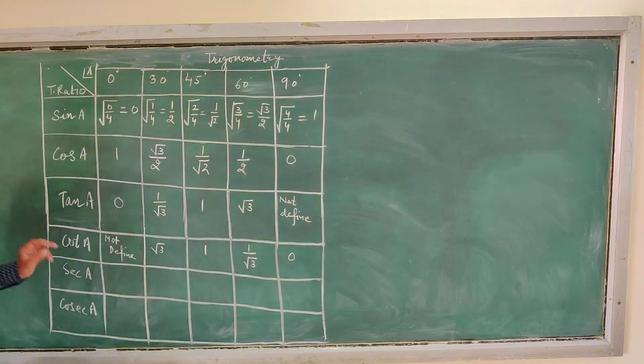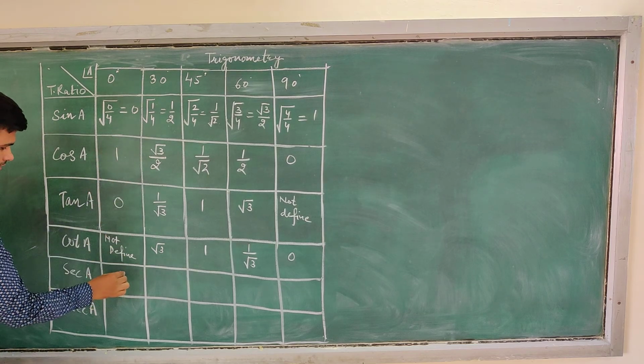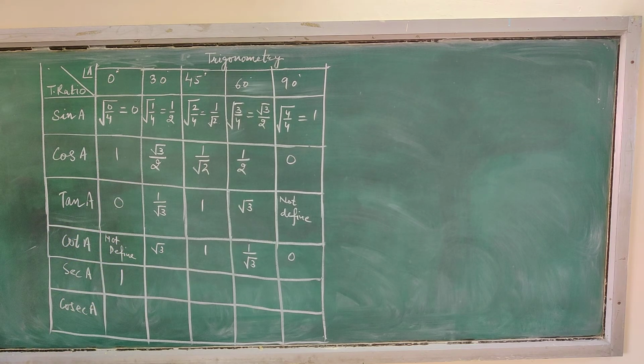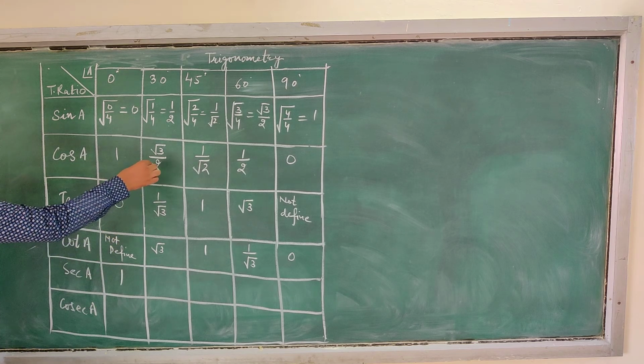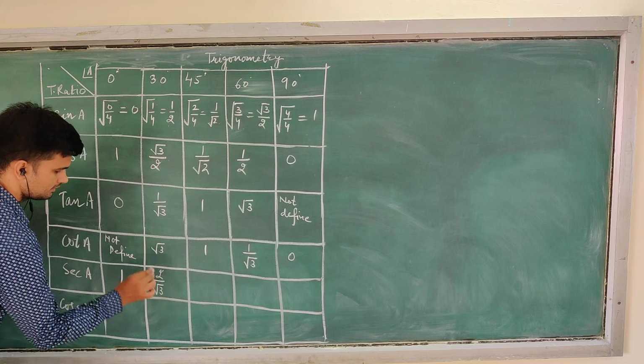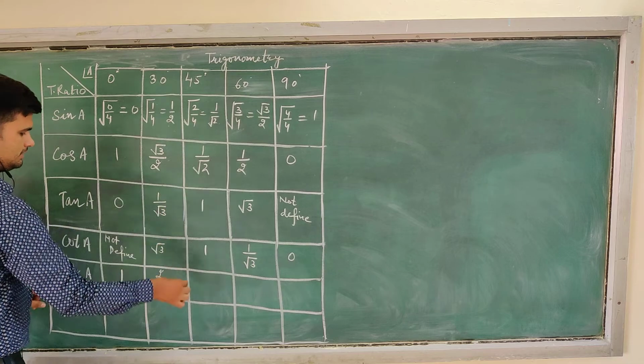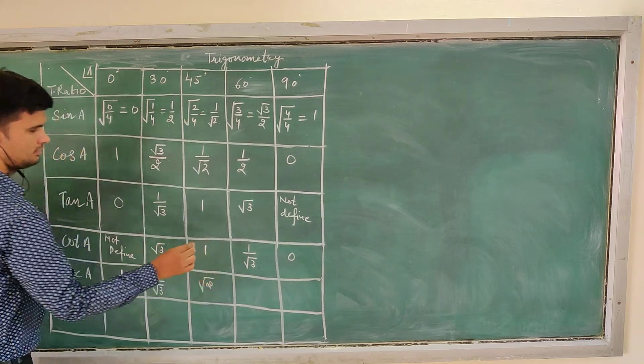Now come to secant. Secant is the reciprocal of cos. So cos 0 is 1. So secant 0 is also 1. Cos 30 is root 3 by 2. So secant 30 is 2 by root 3. Cos 45 is 1 by root 2. So it will become root 2.